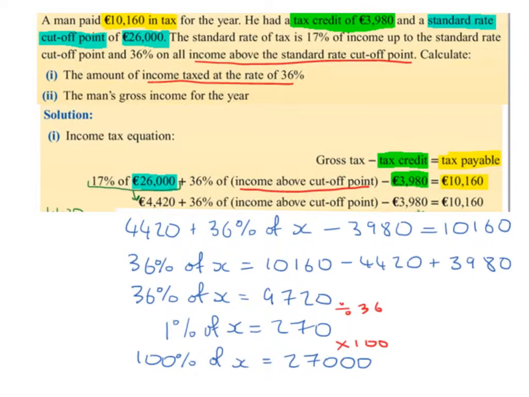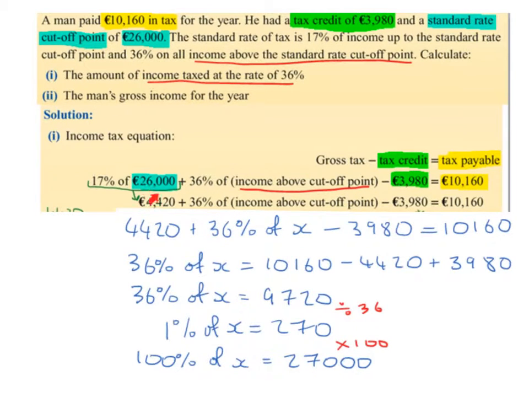So this is the same question. I've just done it a little differently by using x. So again we started with 17% of €26,000. We added on to 36% of the income above the cutoff point, and we minus €3,980, which is the tax credit, and that was equal to €10,160, which was the tax payable. And again, 17% of €26,000 was €4,420.